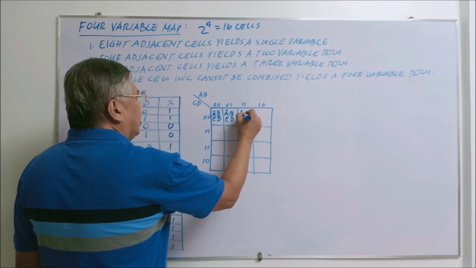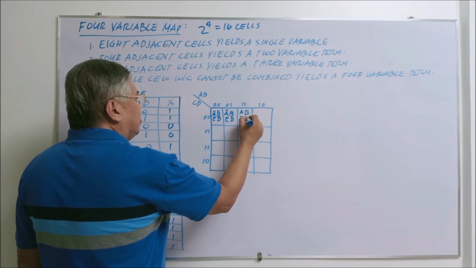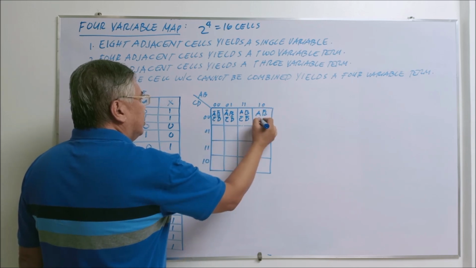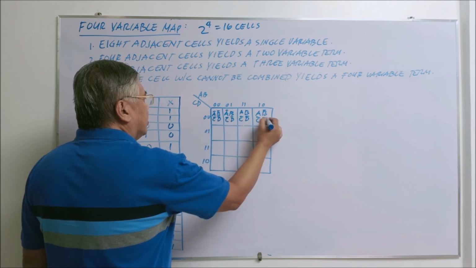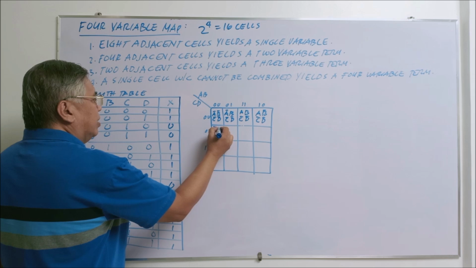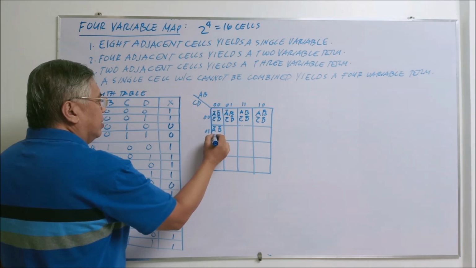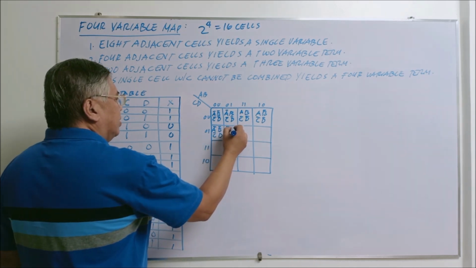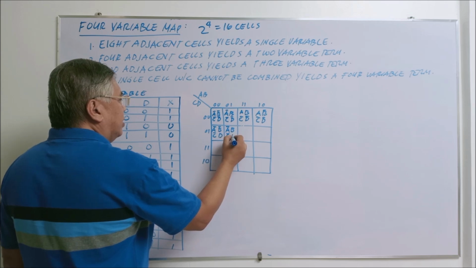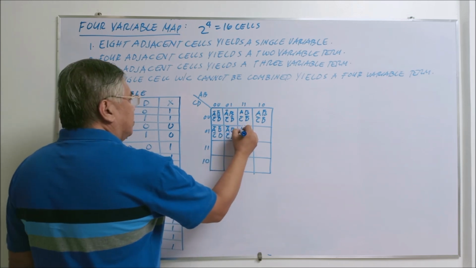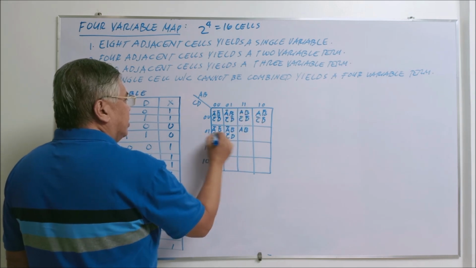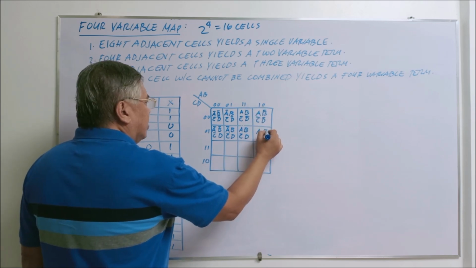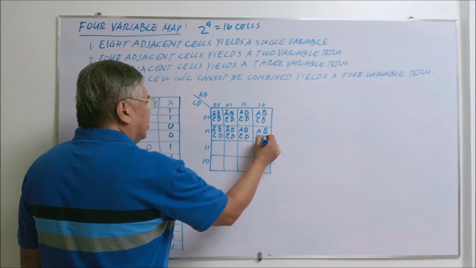Then A, B, C bar, D bar. A, B bar, C bar, D bar. Then A bar, B bar, C bar, D. Then A bar, B, C bar, D. Then A, B, C bar, D. Then A, B bar, C bar, D.